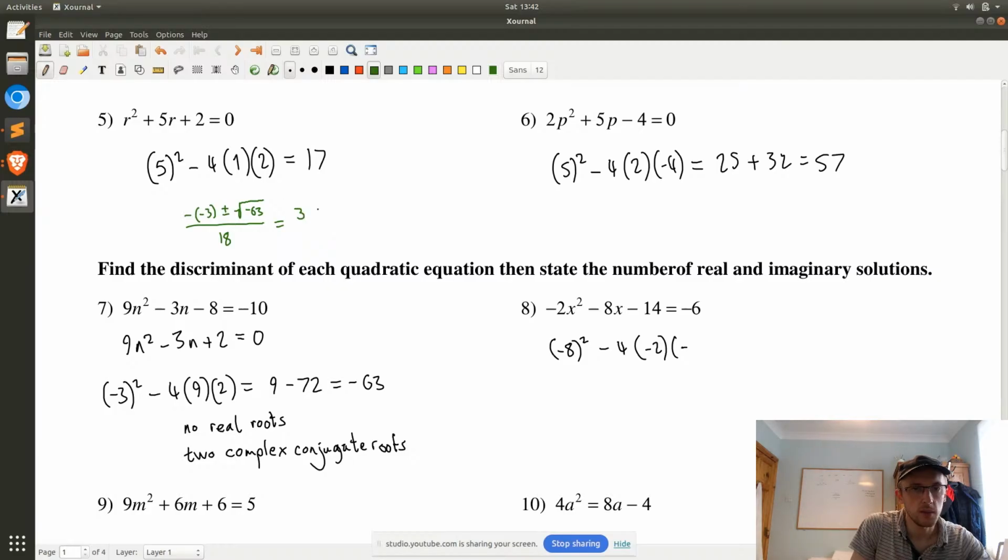So that's equal to 3 over 18, which is 1/6. Okay? Complex conjugates.